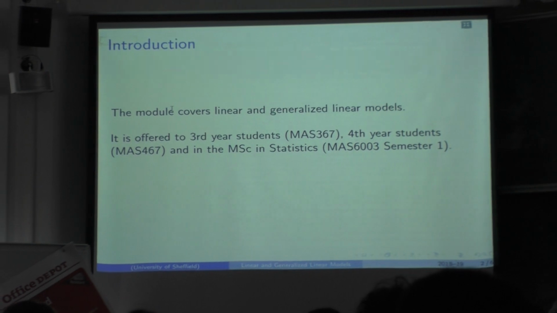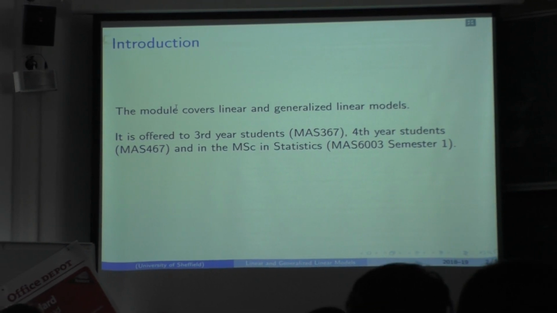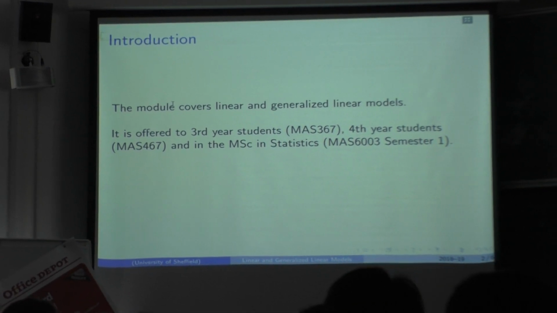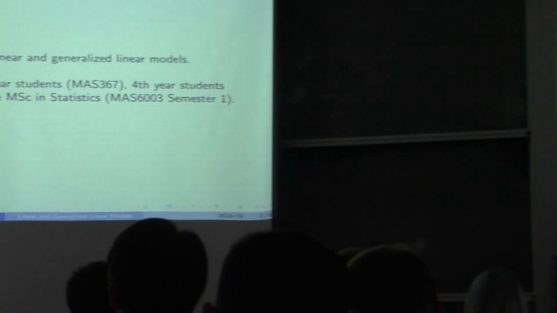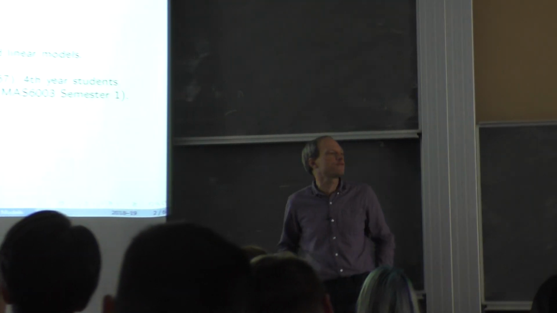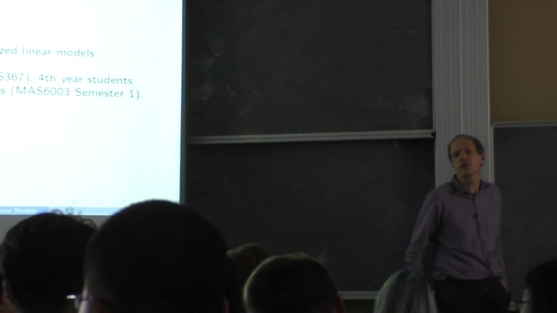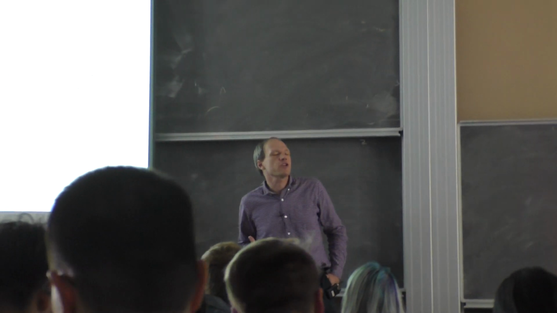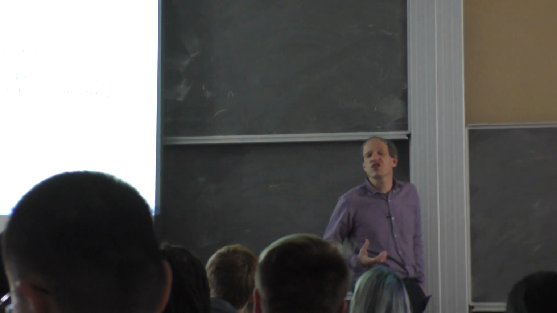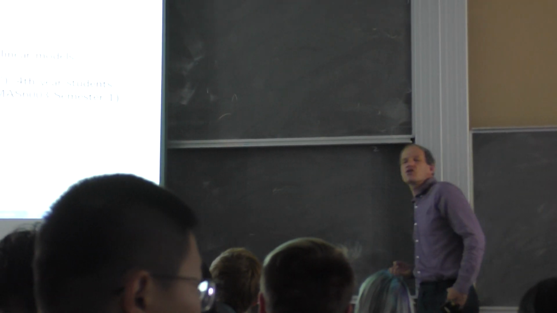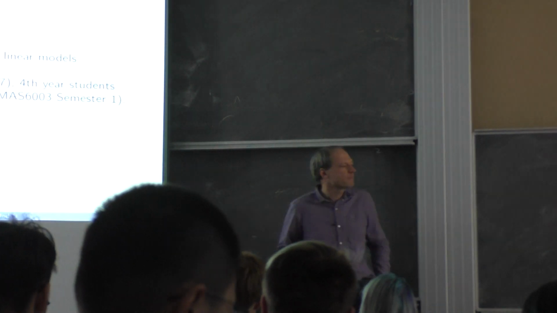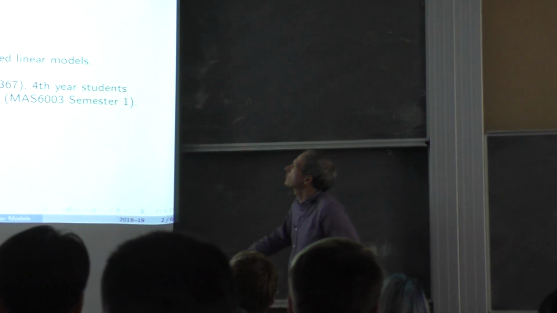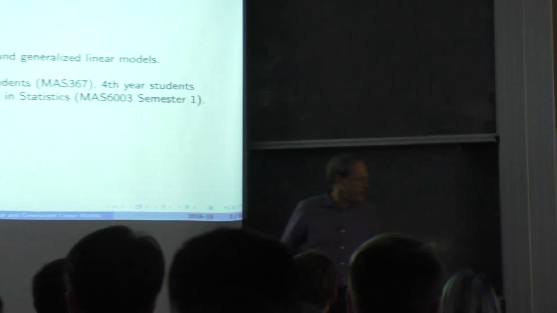You may be taking this module under one of 3 different codes, and the arrangements for things like assessment are different depending on which code you're taking the module under. So, third year students will be taking it as MAS6003, fourth year students as MAS6003, MSc students will be taking it as MAS6003.